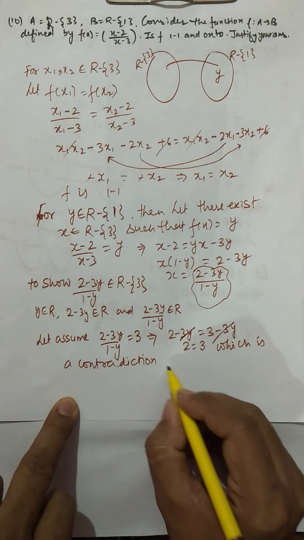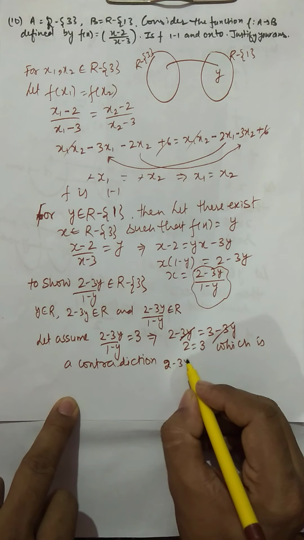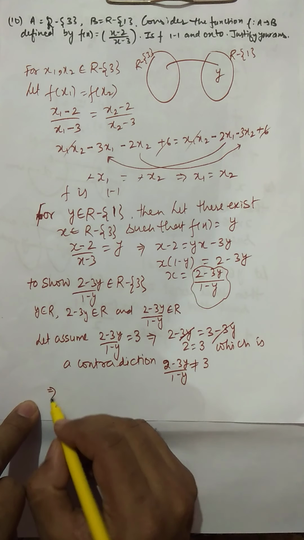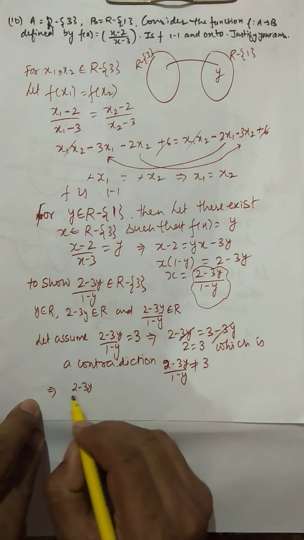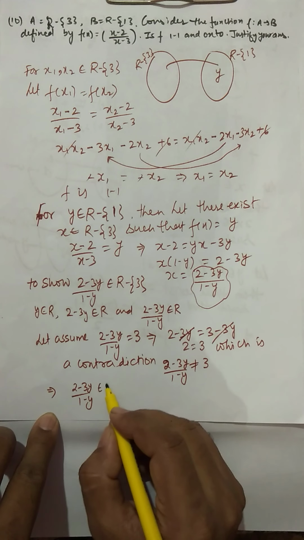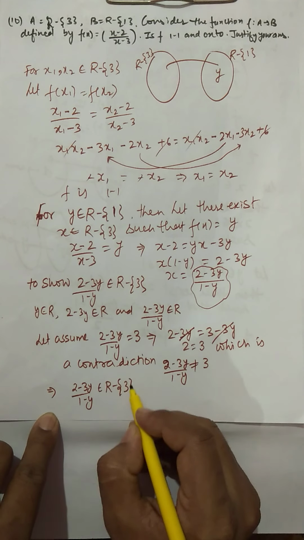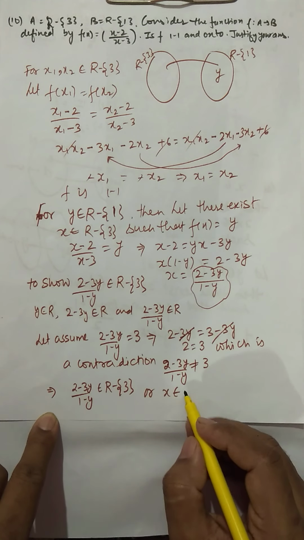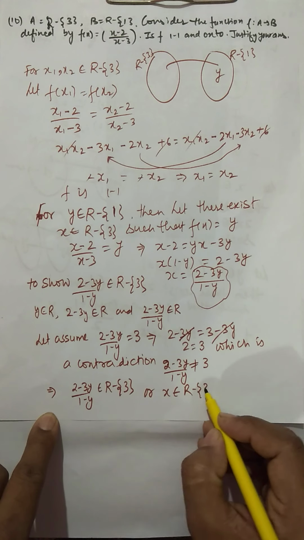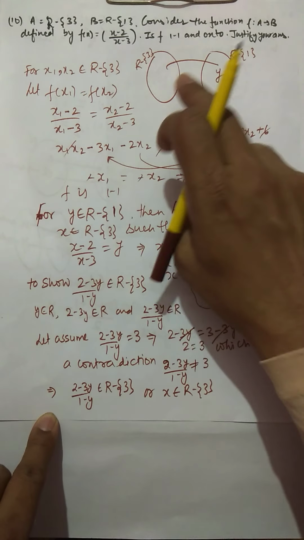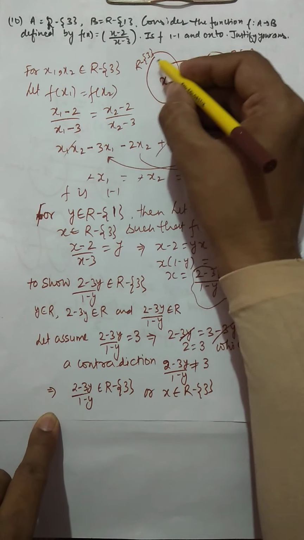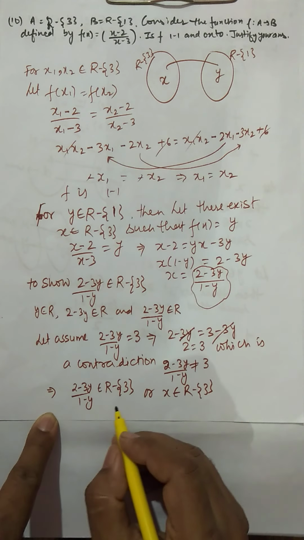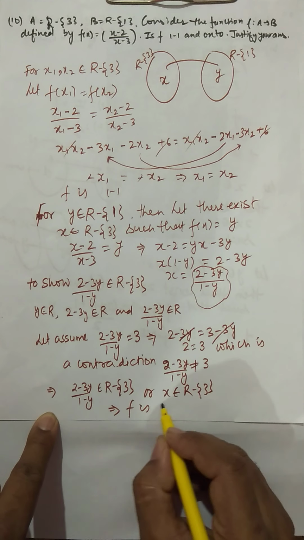So it simply means that (2 minus 3y) upon (1 minus y) is not equal to 3. So it implies that (2 minus 3y) upon (1 minus y) belongs to R minus 3. Or you can also say x belongs to R minus 3. If you can show that this x is belonging from this set, it means this function is onto. So here now you can say that f is an onto function.